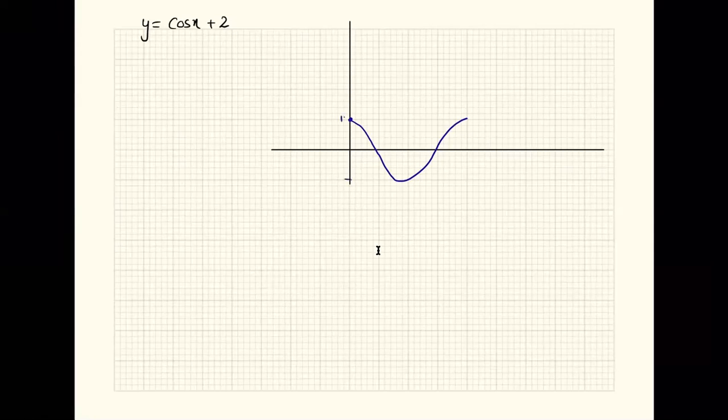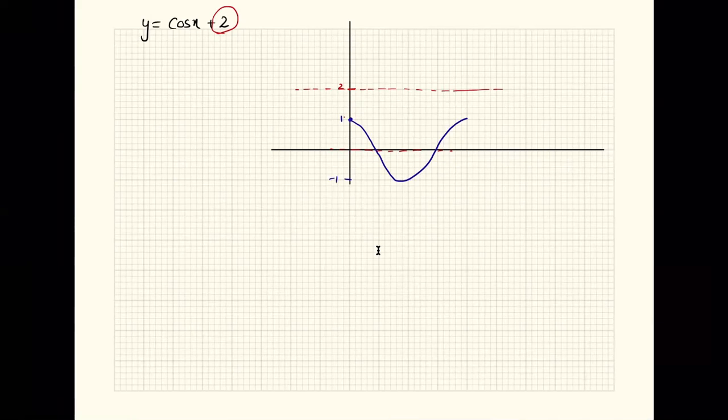This is 1, this is minus 1. So this point is going to go up by 2 units. And the principal axis was at 0 first. Now it is going to be at 2. That's the first difference.